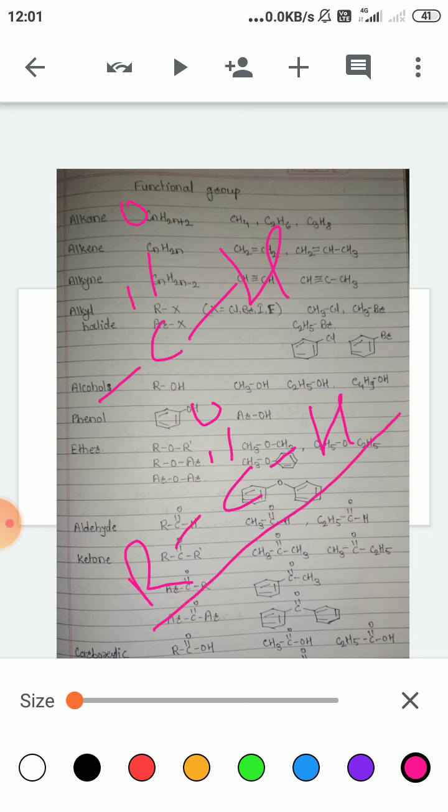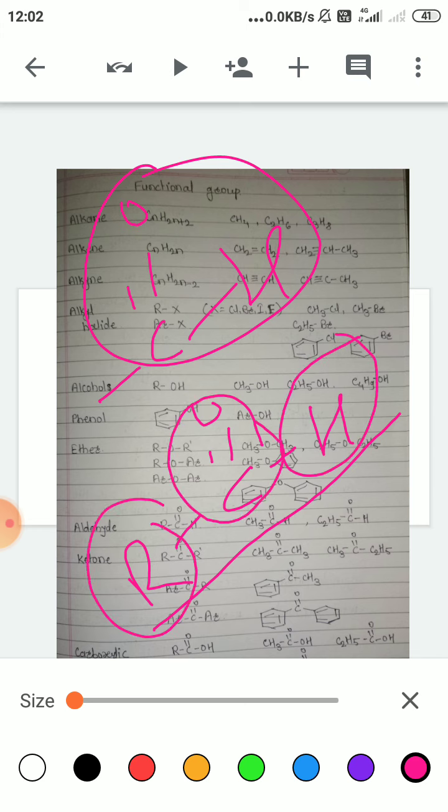That means we can define aldehydes in two ways: hydrocarbons containing a C double bond O H group are called aldehydes, and the second definition is that the carbonyl group is attached to one alkyl group and one hydrogen atom.